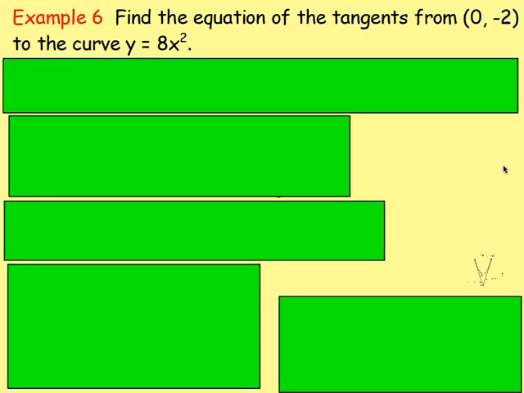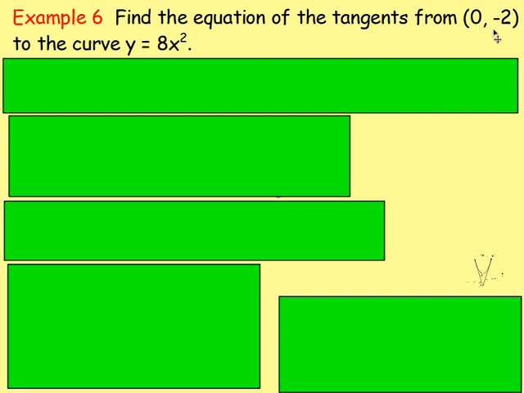Example 6. Find the equation of the tangents from 0, negative 2 to the curve y equals 8x squared. So for this one, you're not given an awful lot of information. You've got a curve here, y equals 8x squared, but the only point you've got is 0, negative 2.